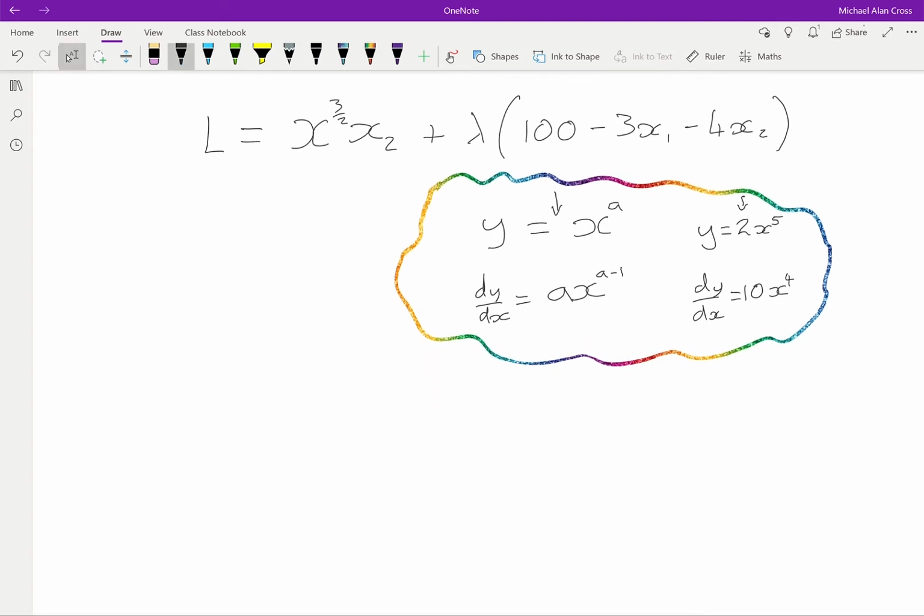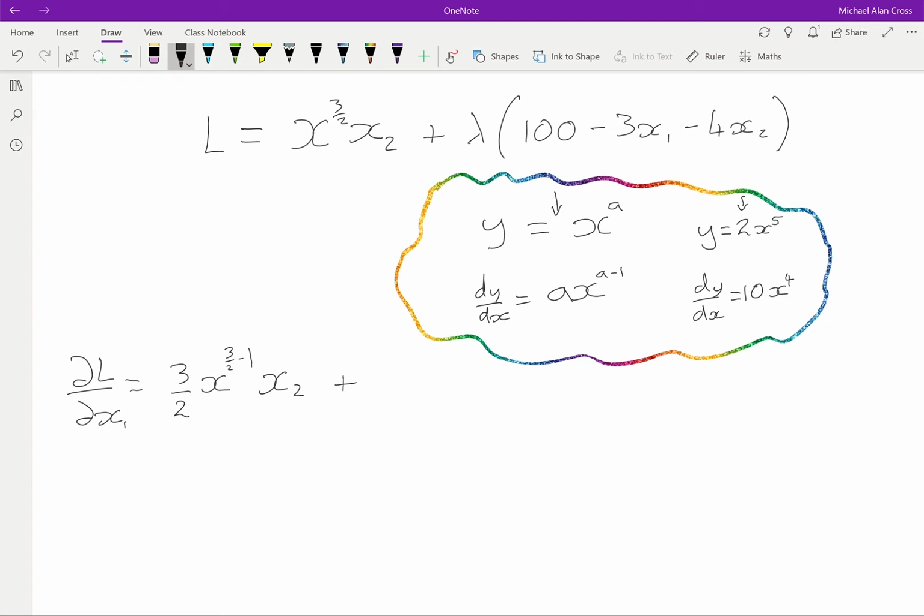Let's have a look. Differentiating with regard to the first variable, the power comes to the front as a multiplier, and then the power has to reduce by 1. You can do that on your calculator if you don't know what it's going to become. But then it's still times by the other variable.